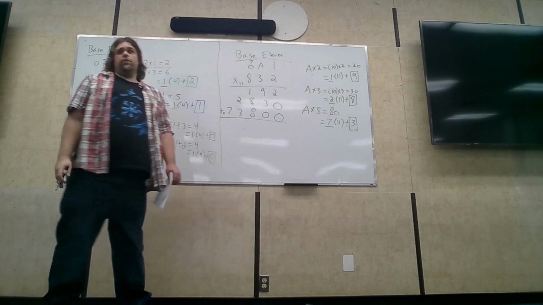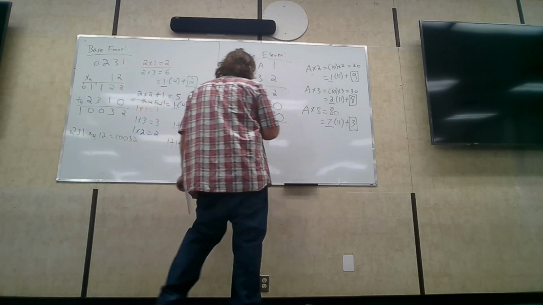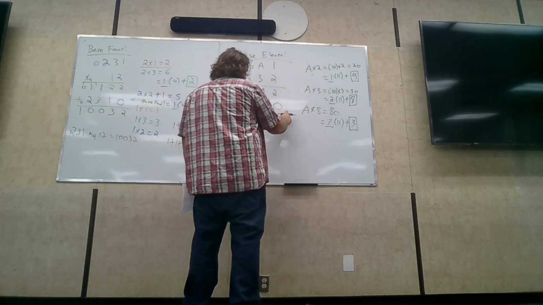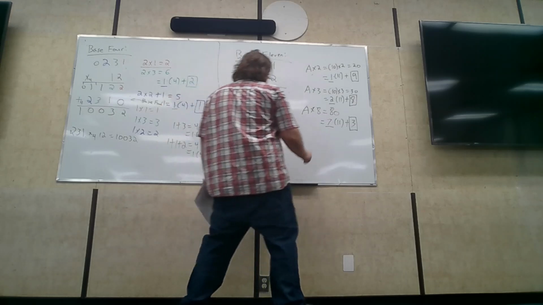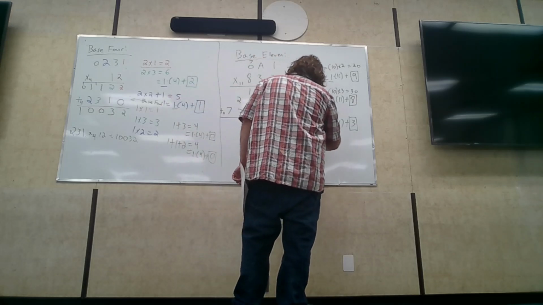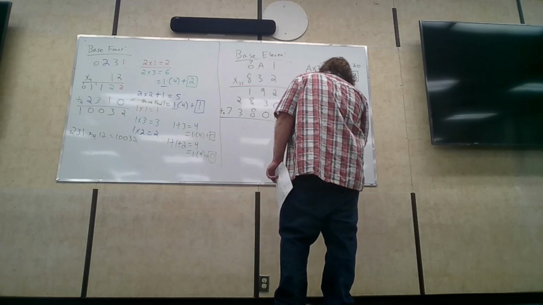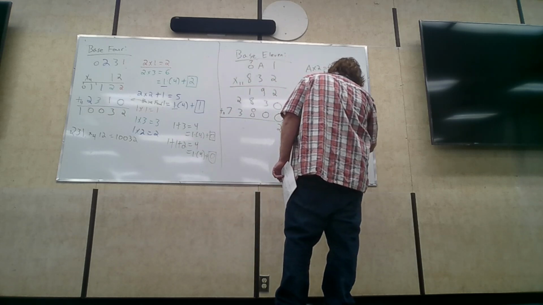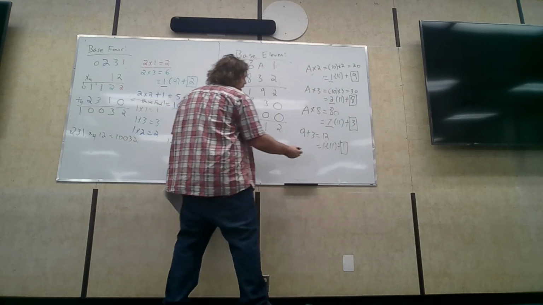And now we do our addition, which is base 11. 2 plus 0 plus 0. That one's easy. 9 plus 3. All right, do that on the side. That's 12. So that's 1 copy of 11 with 1 left over. So we write down 1, and we're going to carry a 1.